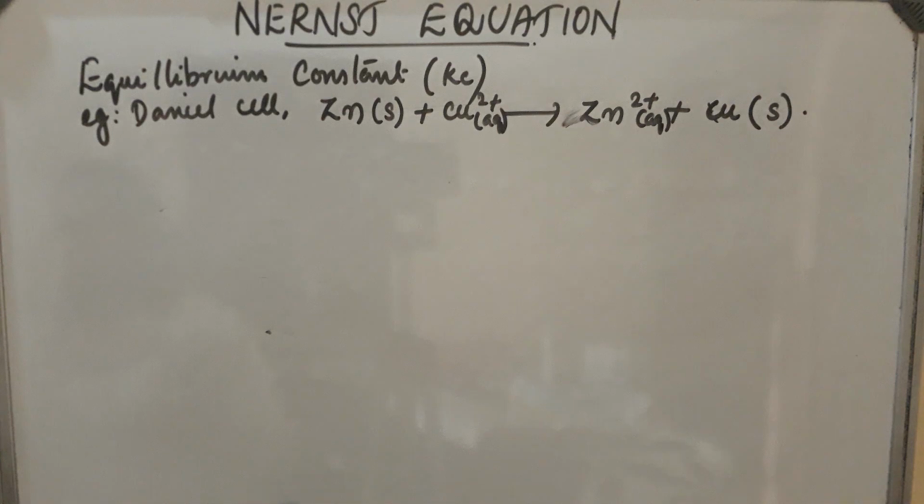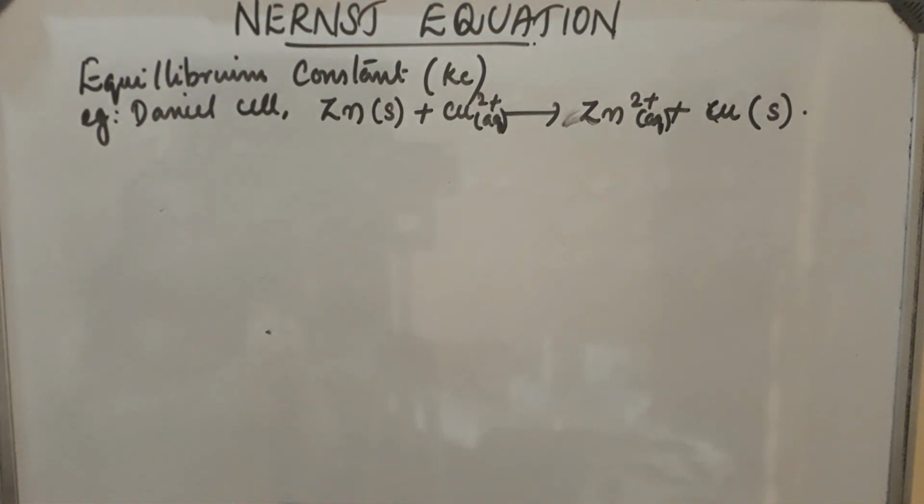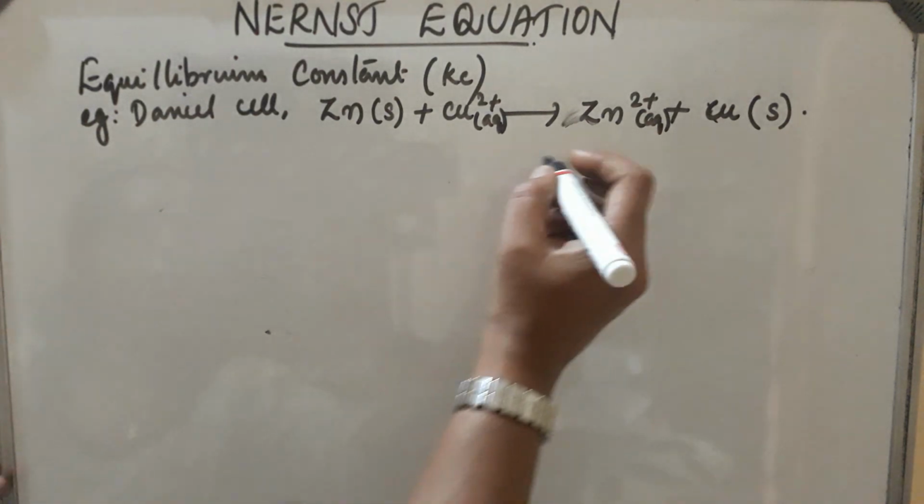Now, at first there will be Cu2 plus ions present. Now the reaction starts. Zn gets converted into Zn2 plus, so the Zn2 plus concentration increases. At that time, the Cu2 plus concentration goes on decreasing, and at equilibrium there will be no change in the concentrations.